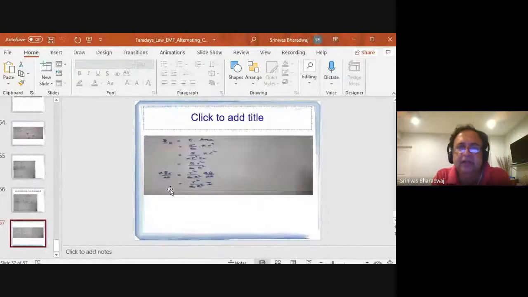So that's pretty much what I had in mind for the material that we are discussing with respect to Faraday's law. Now I'm going to look at the next set of ideas which come right after Faraday's law, which deal with alternating current.